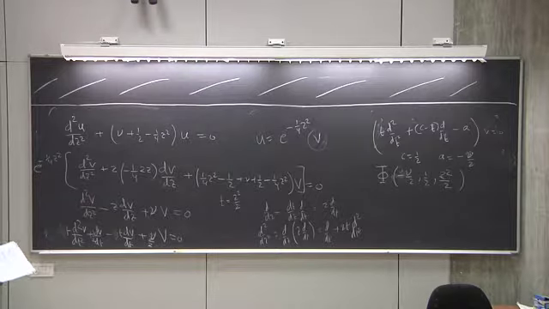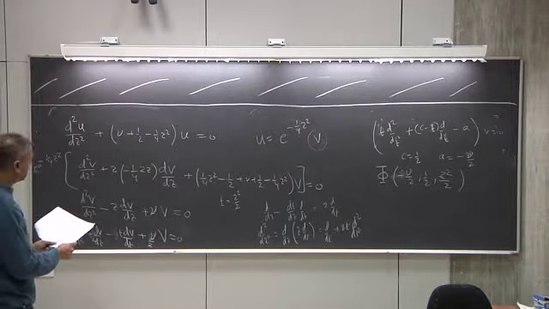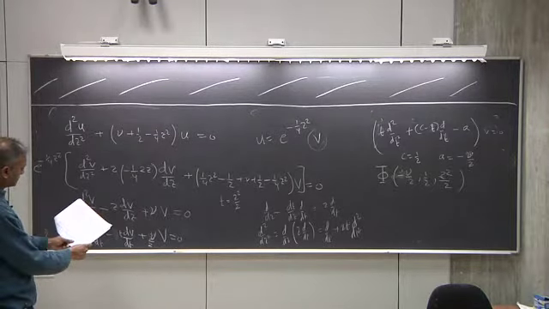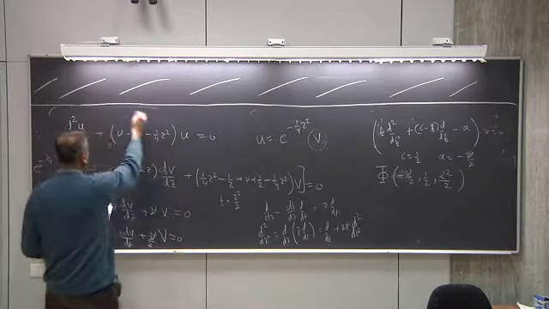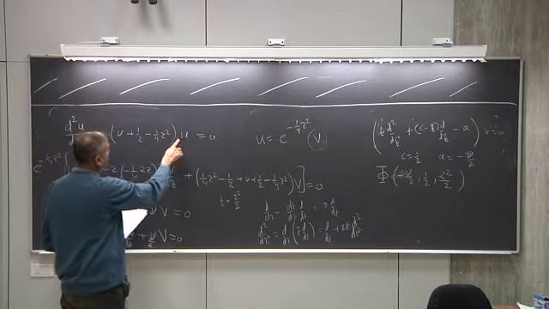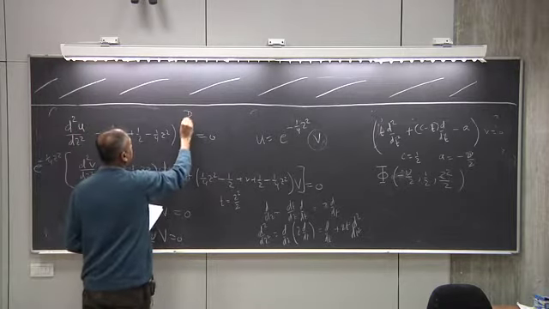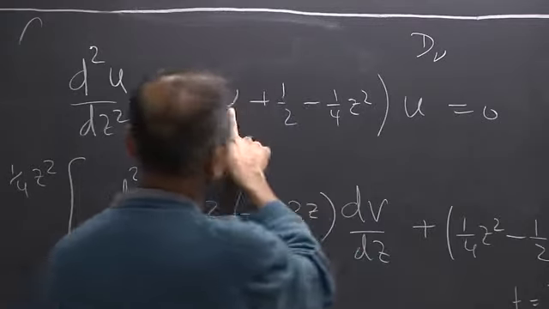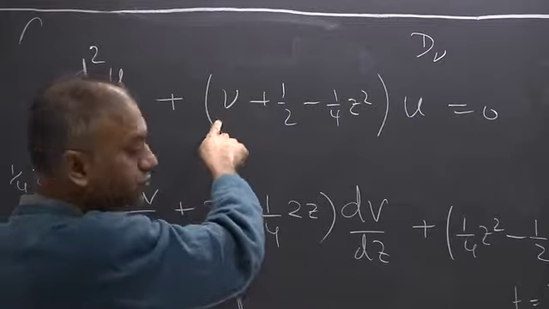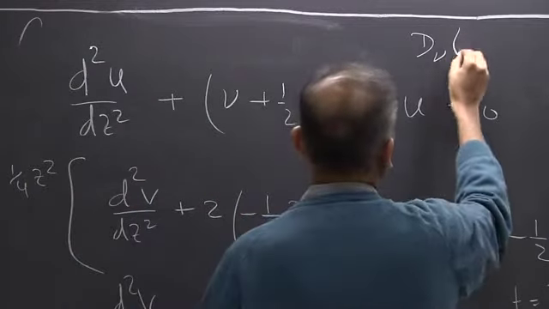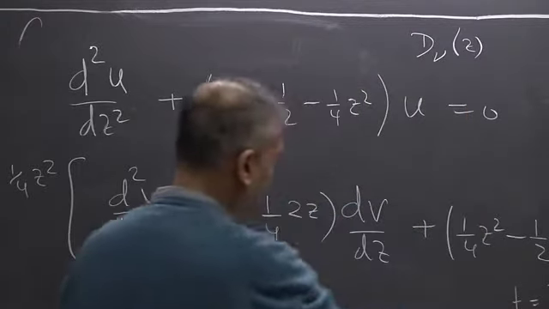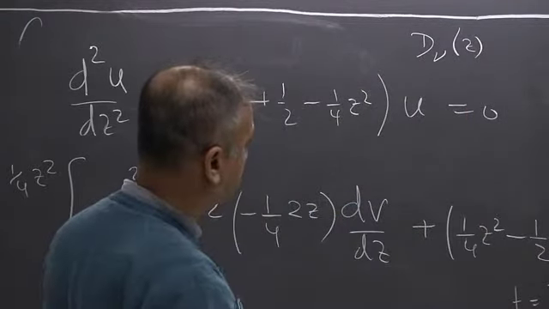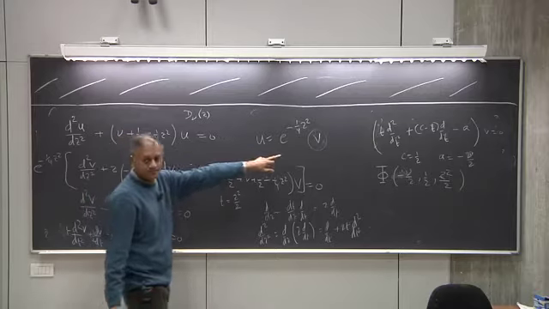Yeah, so this is the solution. Going back to this one, let's call this solution D nu, since it depends on the one parameter nu. The solution will be some D nu of z, but in order to go to this confluent hypergeometric equation, I had to first replace u by that.